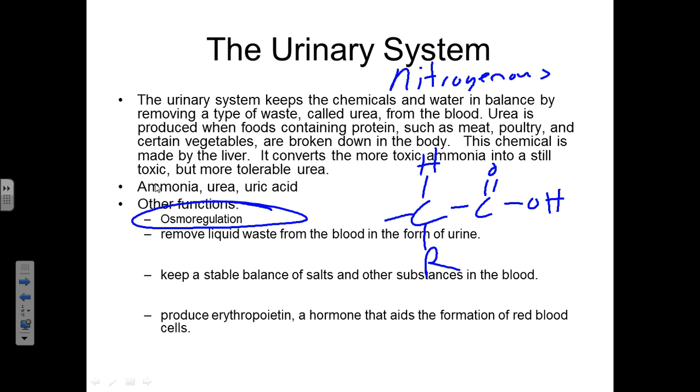And essentially, this leftover part is what? It's an acetyl group, which can be used in what process? Where do we use acetyl groups? Okay, cell respiration. No? The Krebs cycle.